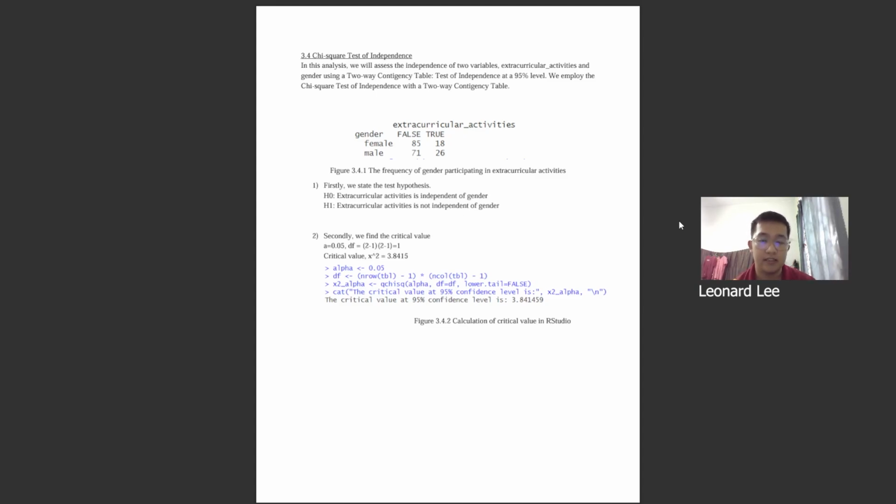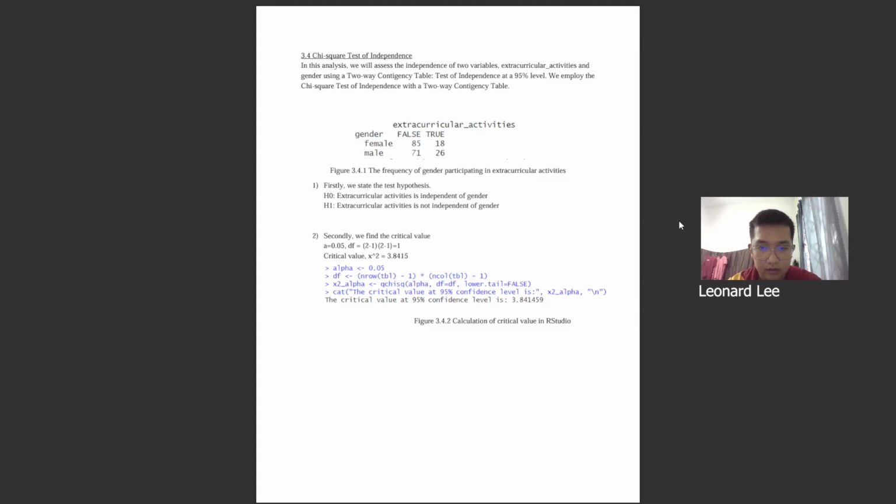In this analysis, we assess the independence of two variables, extracurricular activities and gender, using a two-way contingency table. Test of independence at 95% level. We employ the chi-square test of independence. As you can see in figure 3.4.1, that is the frequency of gender participating in extracurricular activities.